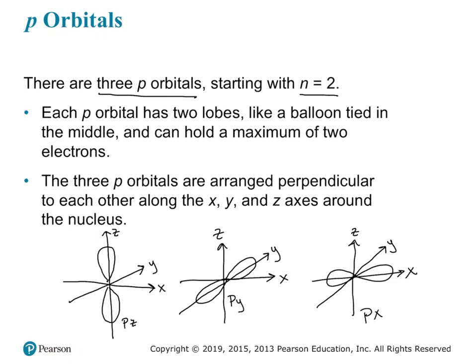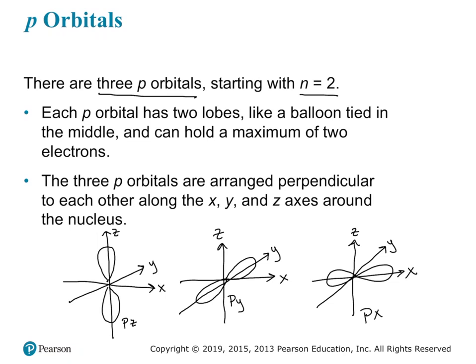So each orbital faces in a different direction, but they all have the same energy. So typically, if an electron is in a p orbital, we don't really know which orbital it's in, x, y, or z. We just know it's in a p orbital.